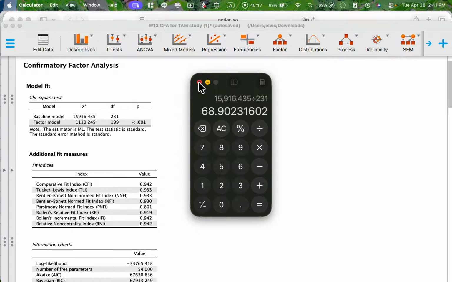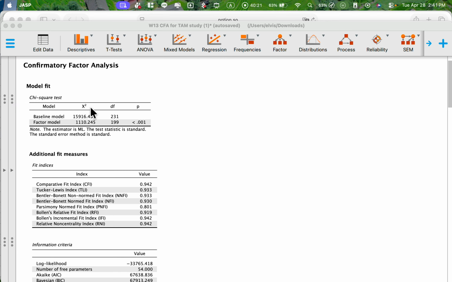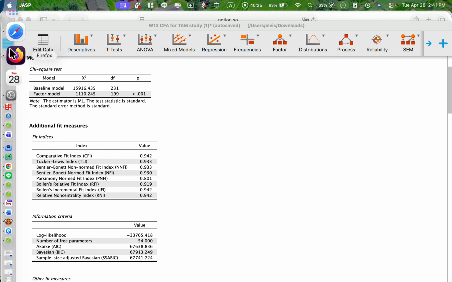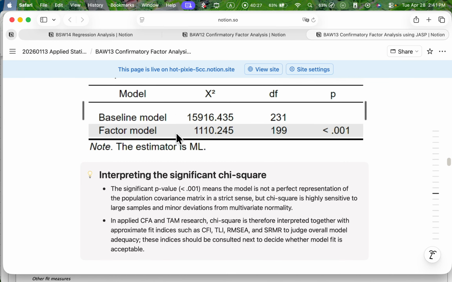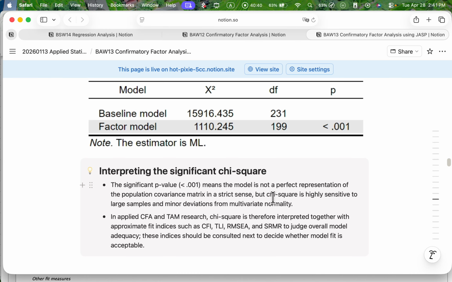I would like to close this one. I would like to move back to the material I also have. I can see here there's interpreting the simultaneous chi-square, right? Do you see that?